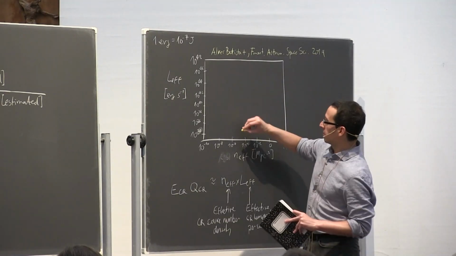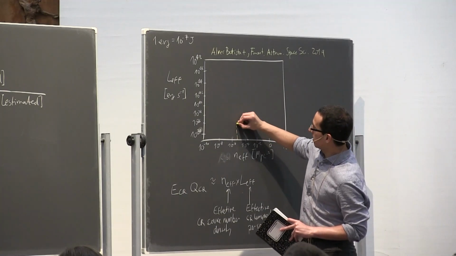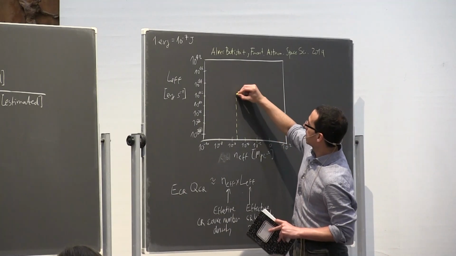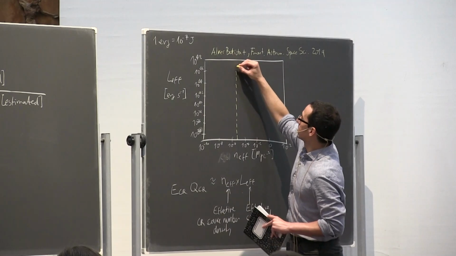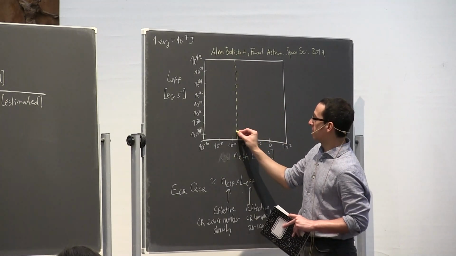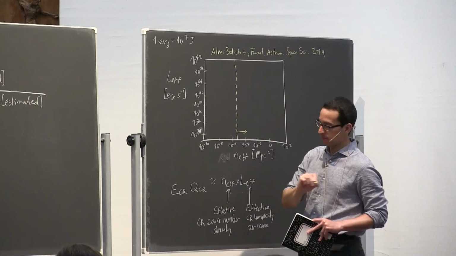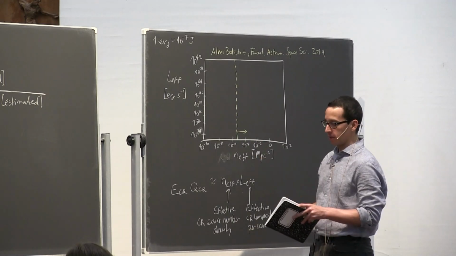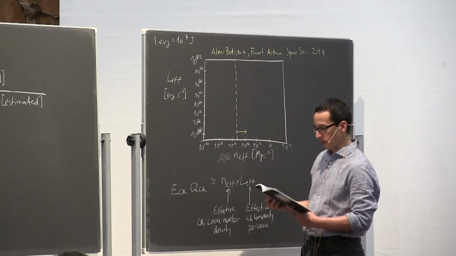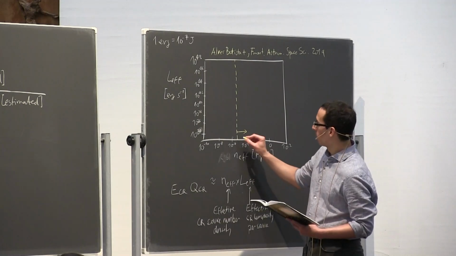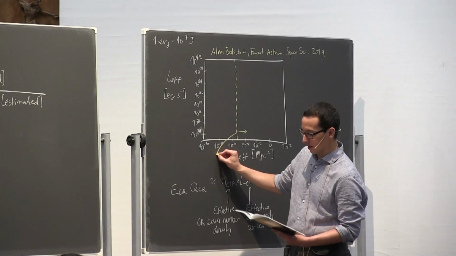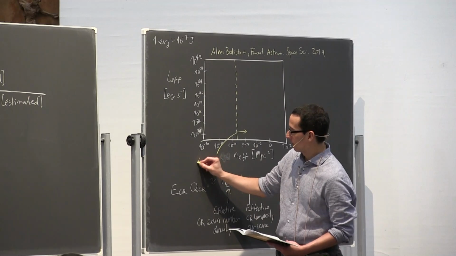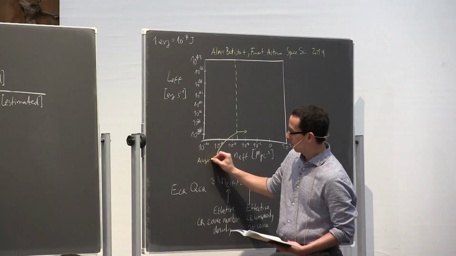And from that argument, they say the number density of sources needs to be at least bigger than this number, some number between 10 to the minus 6 and 10 to the minus 4. If you want to know the details about how this is done, you can look at the Auger paper.